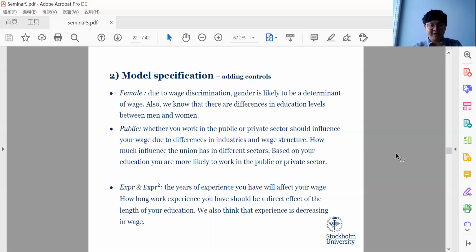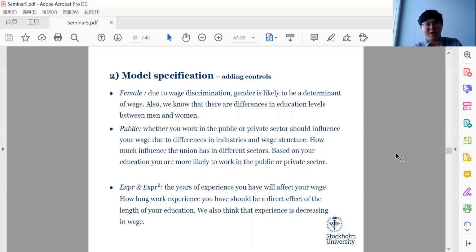And then the working experience should also have a direct relationship with the length of education, because you can think about that given your age. So if your age is fixed, and you have longer working experience, somehow you must have fewer years of schooling.